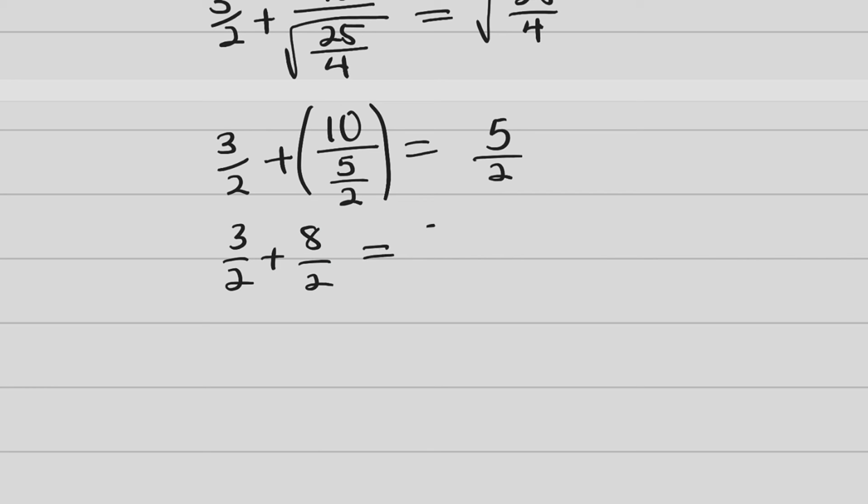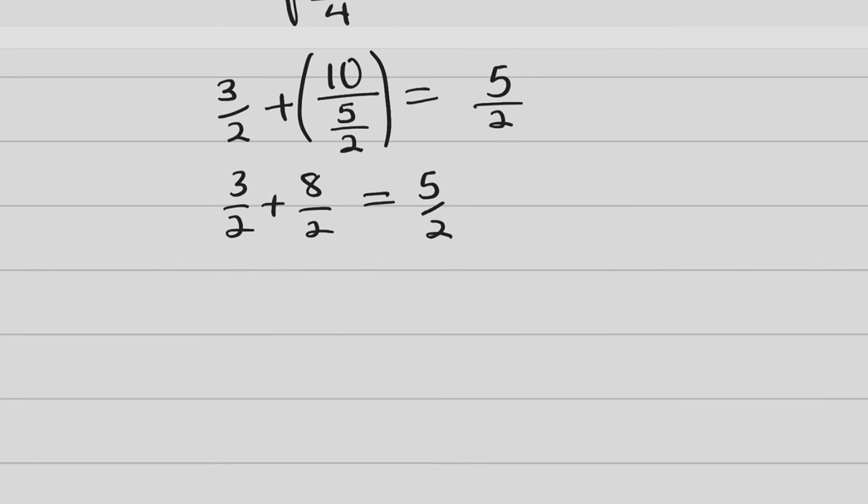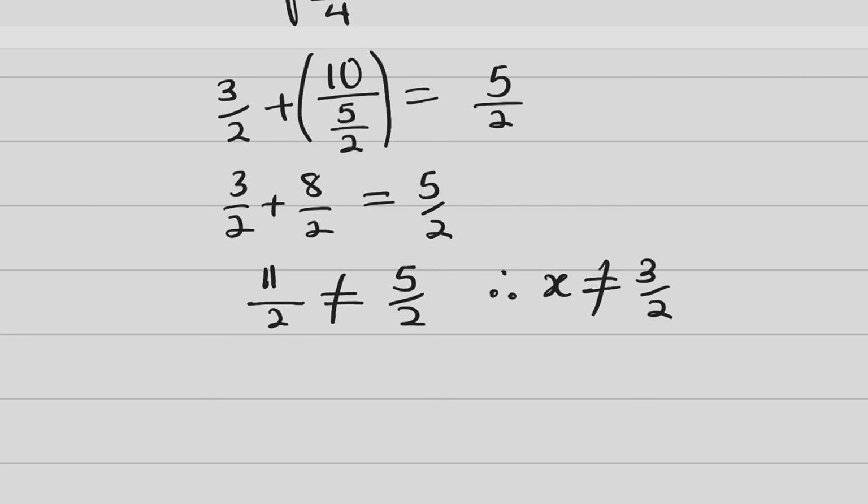And to the right, we have 5 over 2. Since we have a common denominator, we can take one of them, 2. 8 plus 3 is 11. Is this equal to 5 over 2? Never. Therefore, x is not equal to 3 divided by 2. Even if it is 3 over 2, it will not satisfy the main equation. Therefore, this is not our solution.